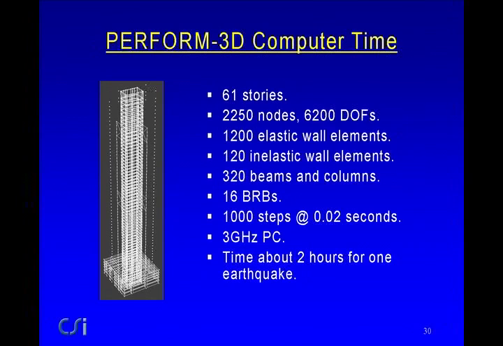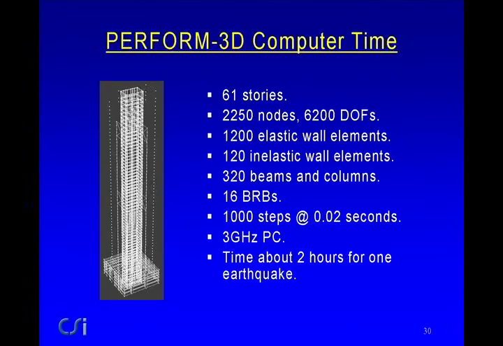This is rather more complicated, 61 stories, shear wall building, 2250 nodes, 1600 degrees of freedom. This is a small structure by linear analysis standards, but for nonlinear analysis, these are getting to be pretty major structures. 1,200 elastic wall elements and 120 inelastic wall elements.